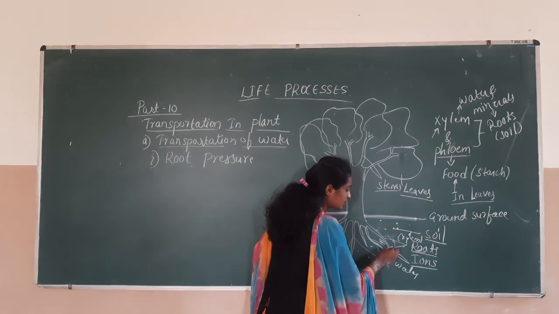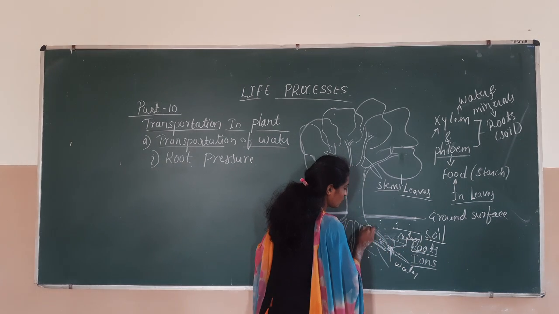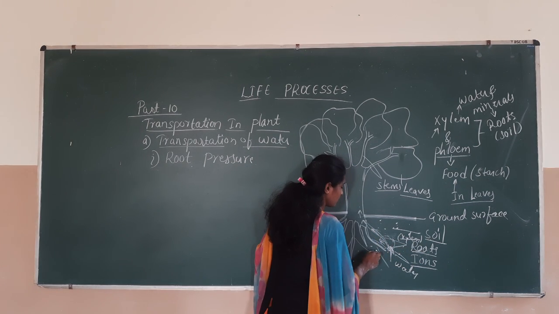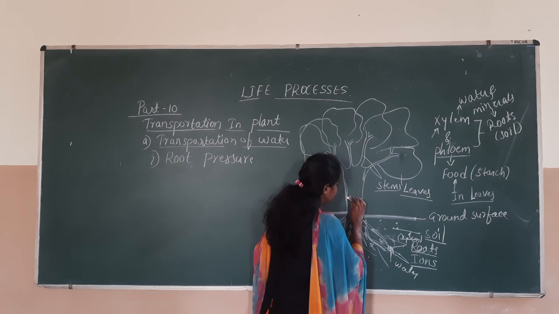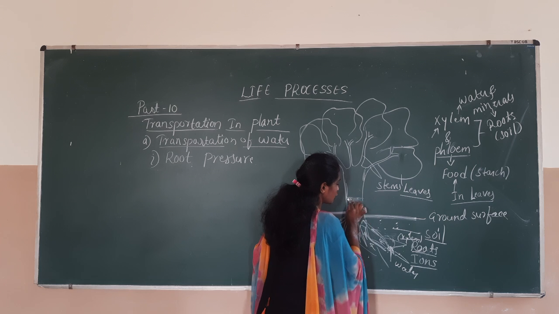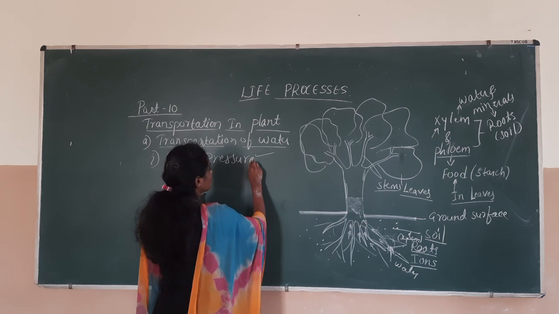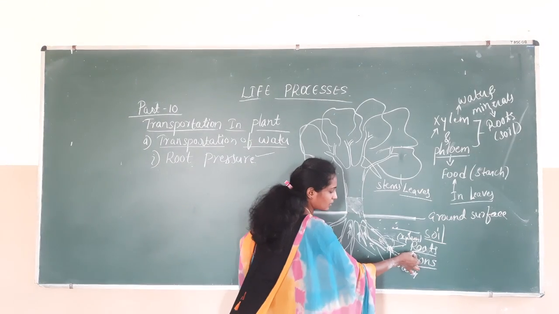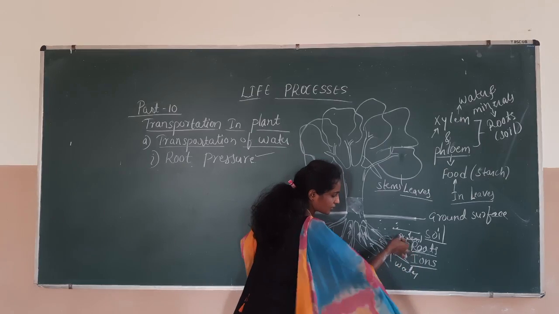Whenever water enters the xylem of the roots, it is transported up the plant. So here, transportation of water during root pressure. Root pressure means whenever the root absorbs the ions by active process, it creates the concentration gradient.